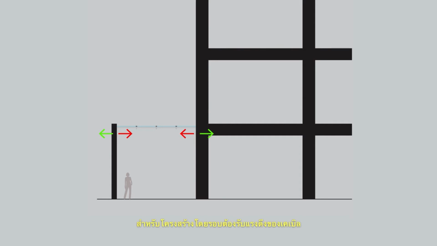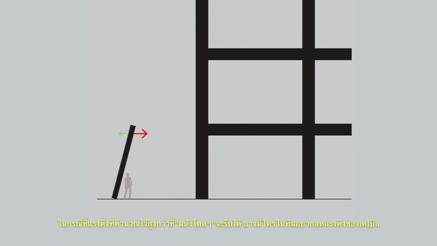You can see here that the boundary structure has to take the same amount of the pre-tension force applied to the cables. In case that the tension force is too high, we can expect this kind of thing happen.